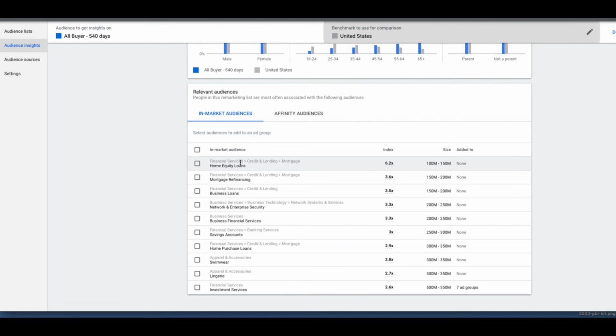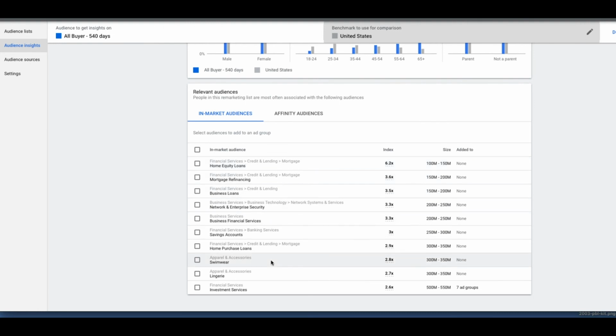Maybe this tells you something a little bit deeper about your avatar. They're just looking at ways to get their hands on more cash, right? Mortgage refinancing, home equity loans, business loans. You see a lot of these themes come up, business financial services. So this could be a very good audience for us.